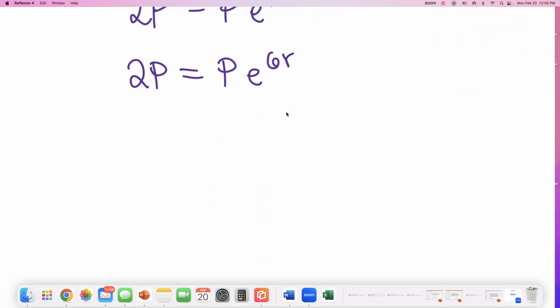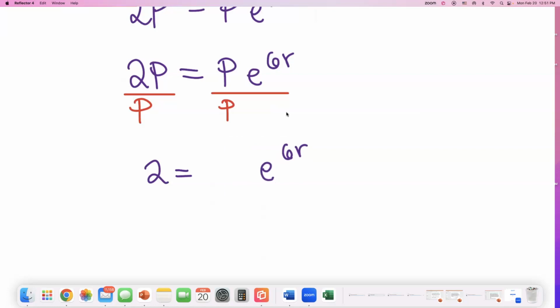Ready? Divide both sides by P. I want to get rid of the P. Then you will get 2 equals e raised to the 6R power. Now what? You need to take natural log of both sides.